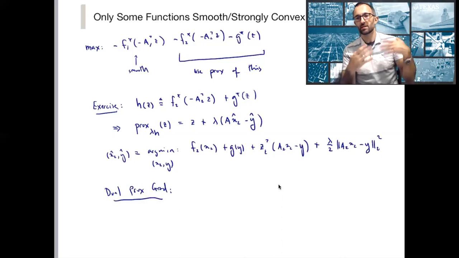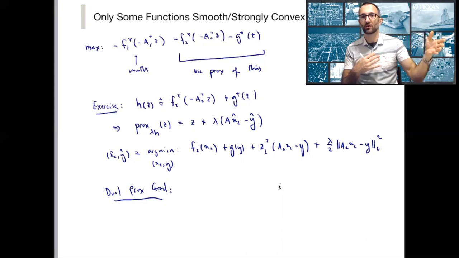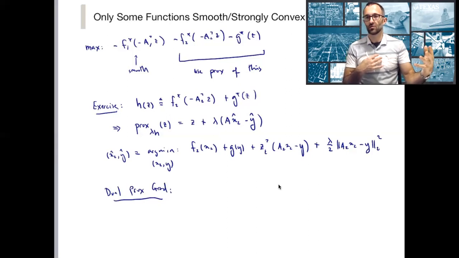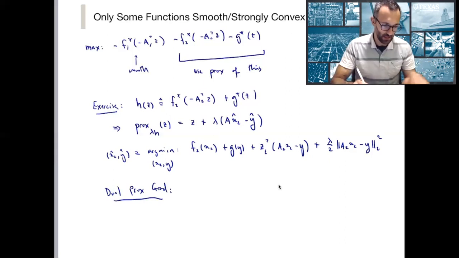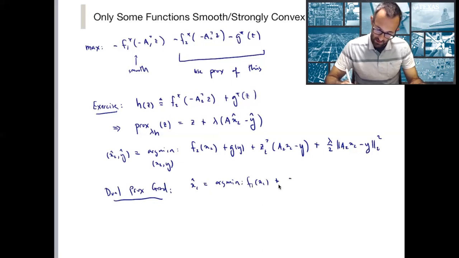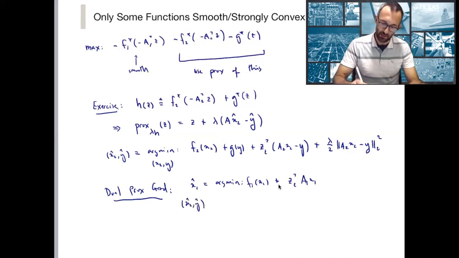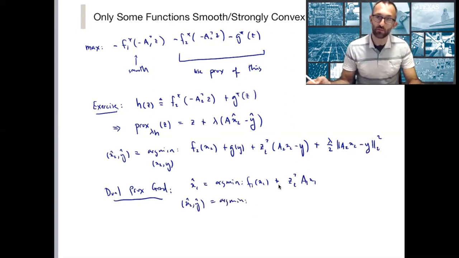Instead of separately doing a Lagrangian calculation to get x1 hat, a Lagrangian calculation to do x2 hat, and an augmented Lagrangian calculation to do minimization to get y hat, we now have a Lagrangian minimization to get x1 hat, f1 of x1 plus zt transpose a1 x1, and then x2 hat y hat is the argmin of what we saw above, so I won't write it.